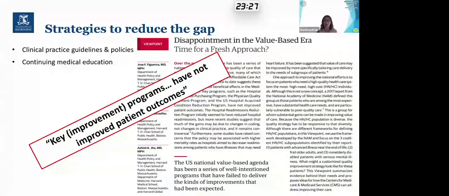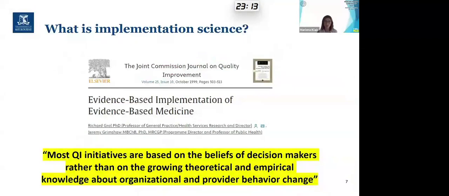It doesn't matter where we are in the world, whether it's Australia or India or America. Healthcare professionals don't manage to deliver the quality of care that we aspire to deliver, hence the need for implementation science.